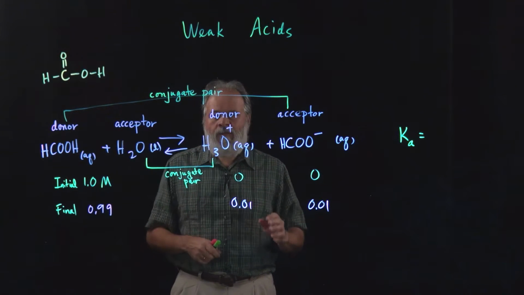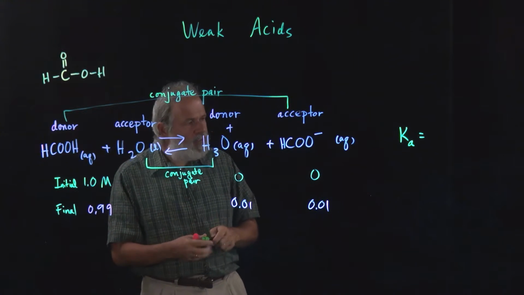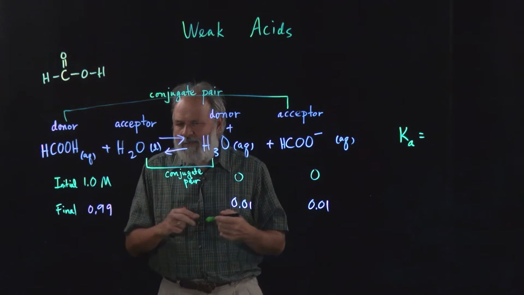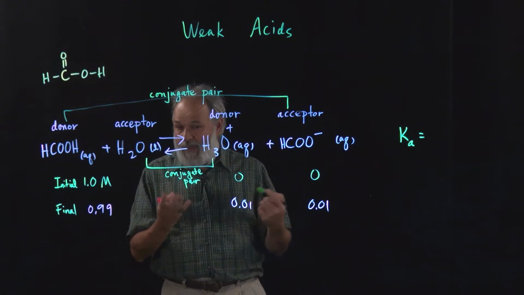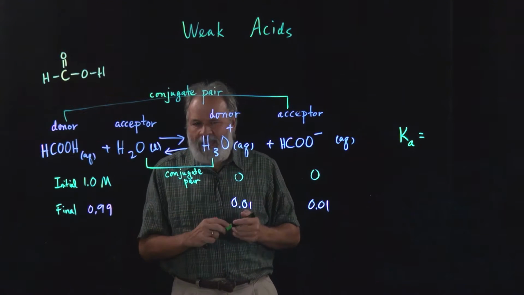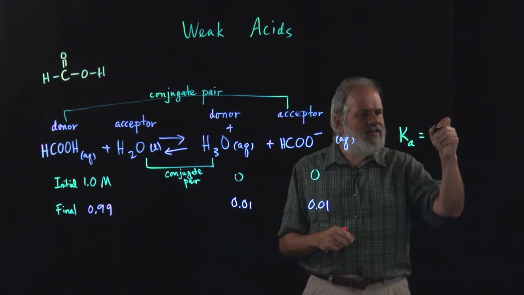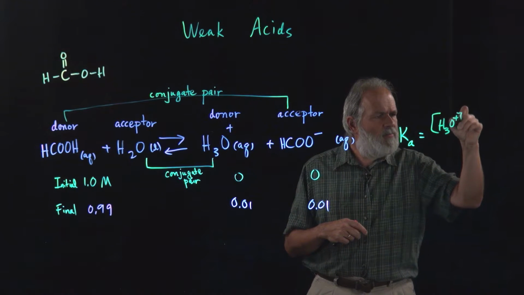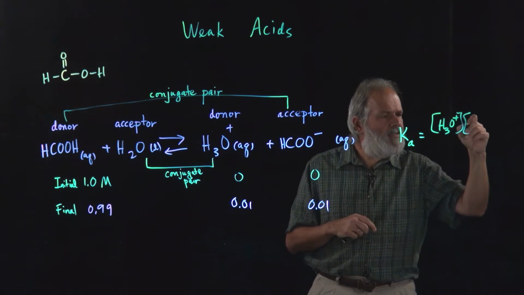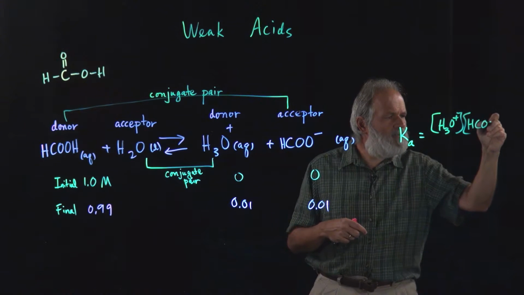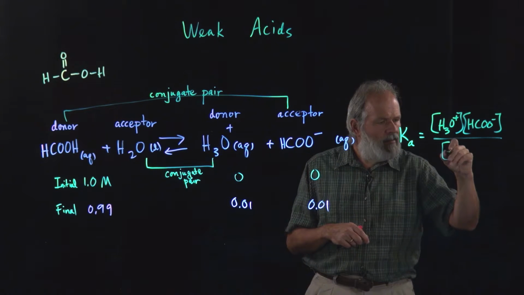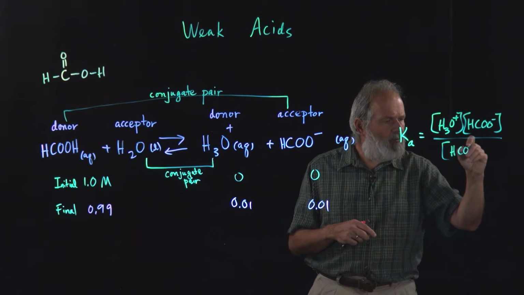Okay, so we can write down the equilibrium constant. And so just like the weak base had a special name for the equilibrium constant, Kb for base, then this is going to be called Ka, where this is the acid ionization constant. So it's products over the reactants, H3O plus, the conjugate base, HCOO minus, divided by the HCOOH.